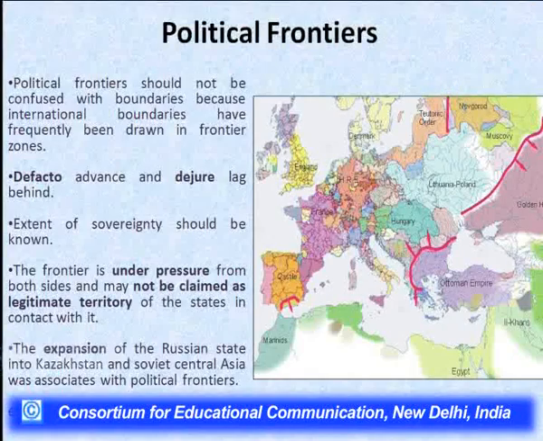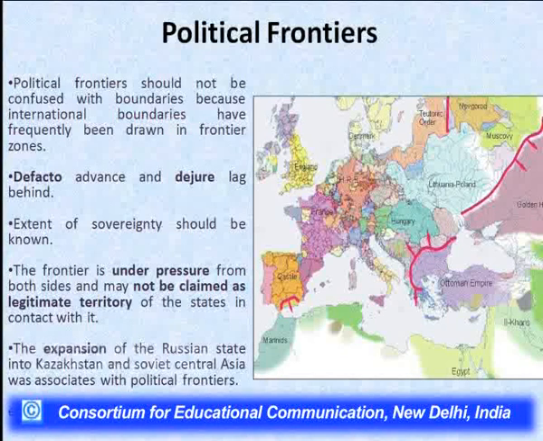The political frontier also shows how sovereign a state is, or how much sovereignty a particular state has. In fact, frontiers are under pressure from both sides, meaning those sides with which the frontier is in contact.